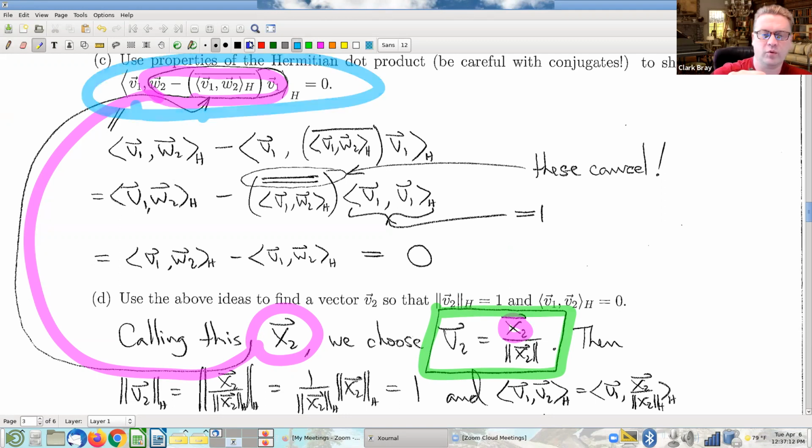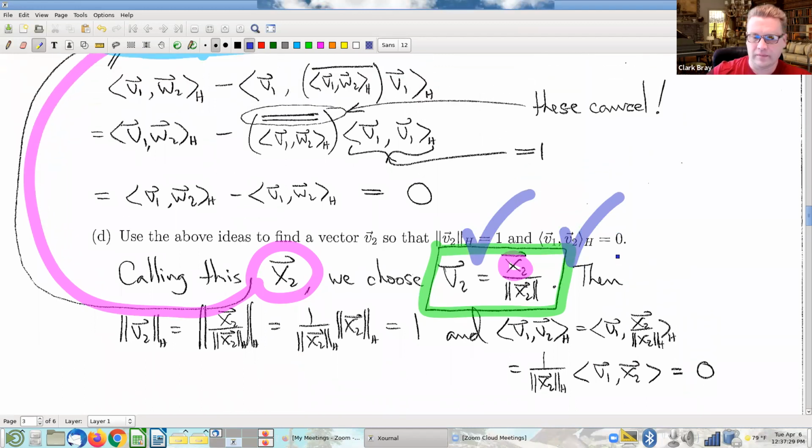And this inner product is a scalar multiple of that. The only difference is we've divided the second vector by a scalar, and so still 0. Okay, so we get that and that as argued here.